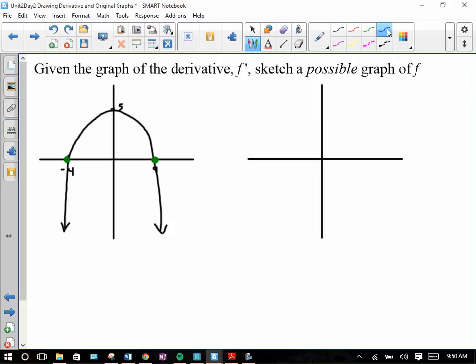So the first derivative right here, the y values are negative. From here to here is negative. That tells us f of x is doing what? F of x is decreasing, because f prime of x is less than 0. Now, is there anywhere else where the first derivative is less than 0, where it's negative?